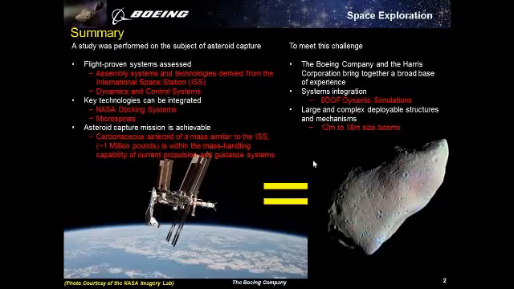The study we performed on the subject of asteroid capture indicates that flight-proven systems and key technologies can be integrated to achieve an asteroid capture mission. For this study, Boeing leveraged its International Space Station experience of assembly of large structures in space, as well as expertise in several types of attachment mechanisms suited for each task.